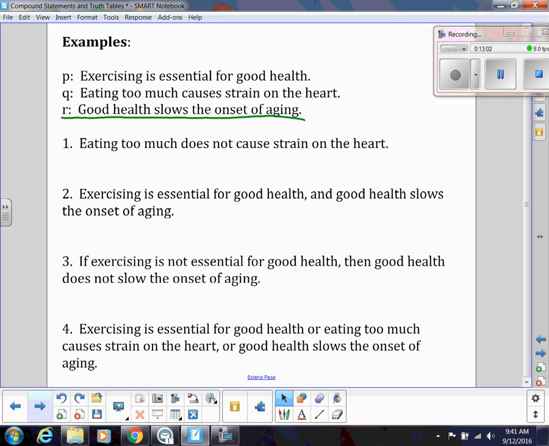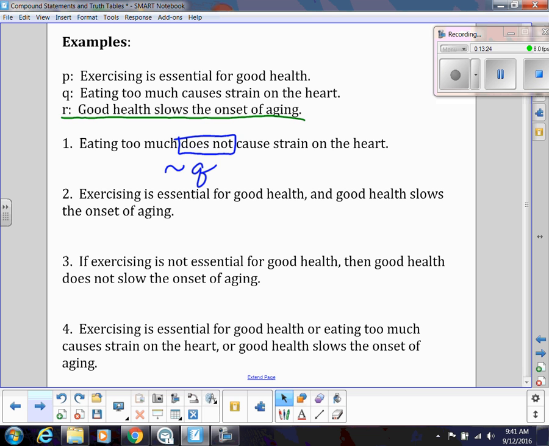Okay? So if I wanted to say eating too much does not cause strain on the heart, well, that's really taking the Q statement, but negating that, right? So all I would do is write not Q. That's how we could represent that first statement symbolically.